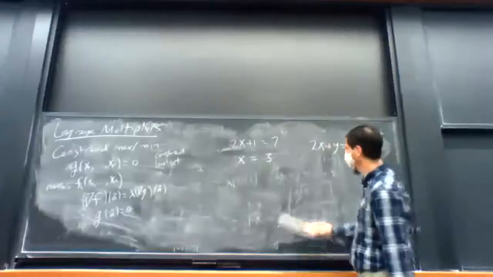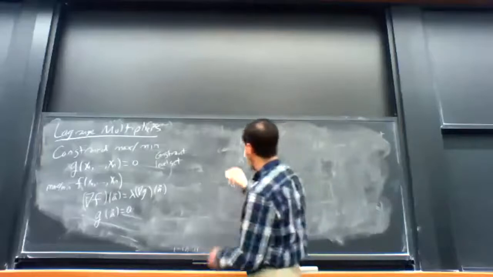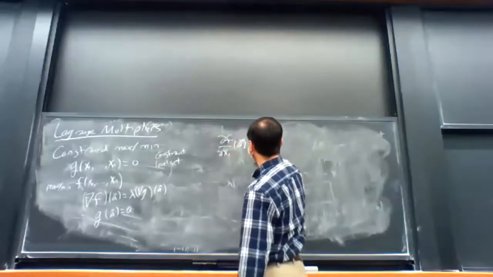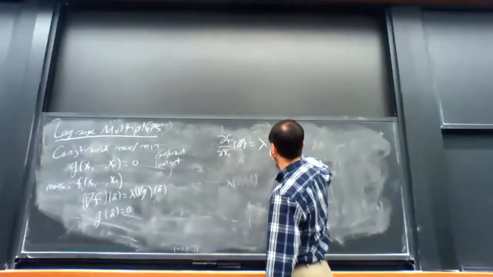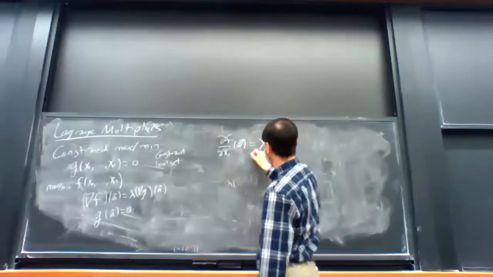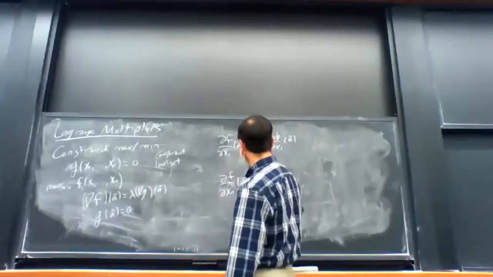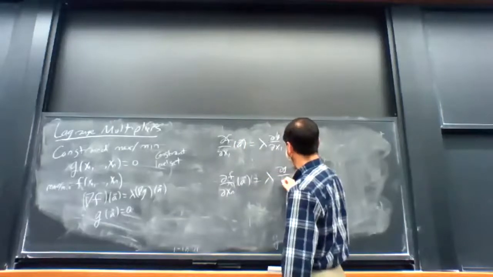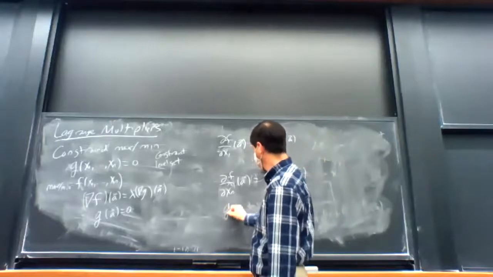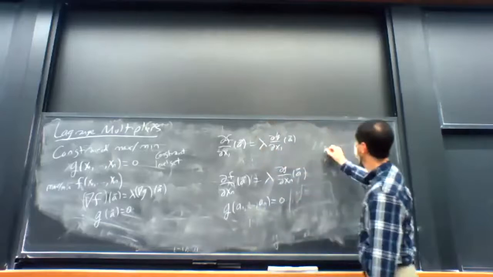So when you're trying to do the math, it's always nice to have a sense of what the answer should be. So we would have df/dx1 at a equals lambda dg/dx1 at a, and so on, up to df/dxn at a equals lambda dg/dxn at a, and g of a1 through an equals 0.